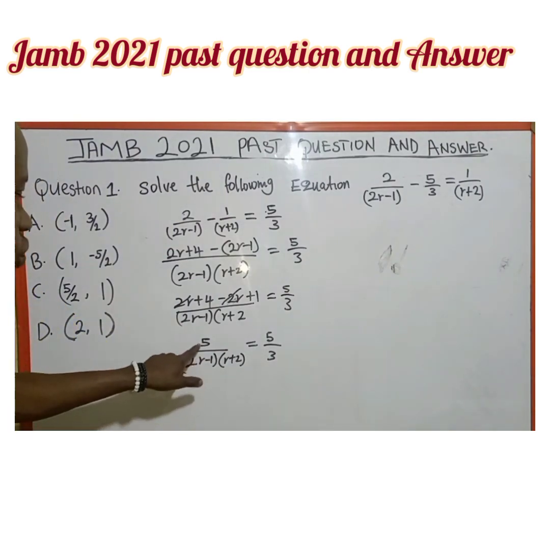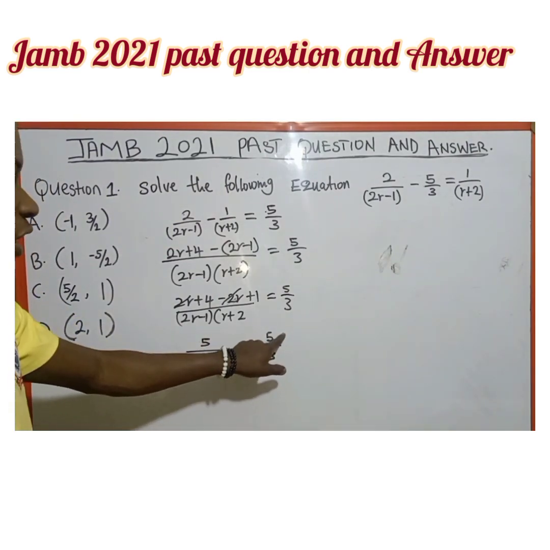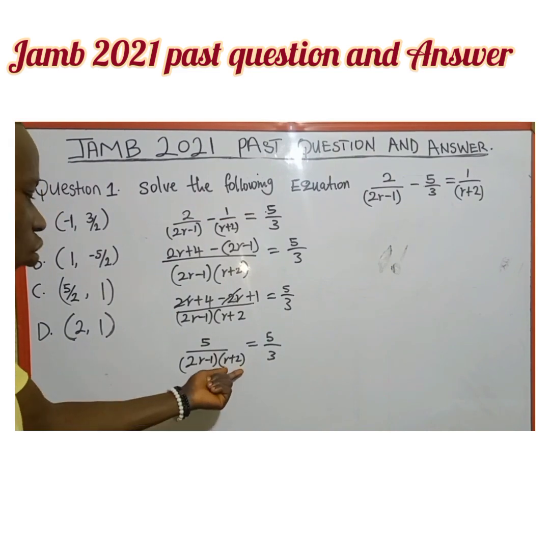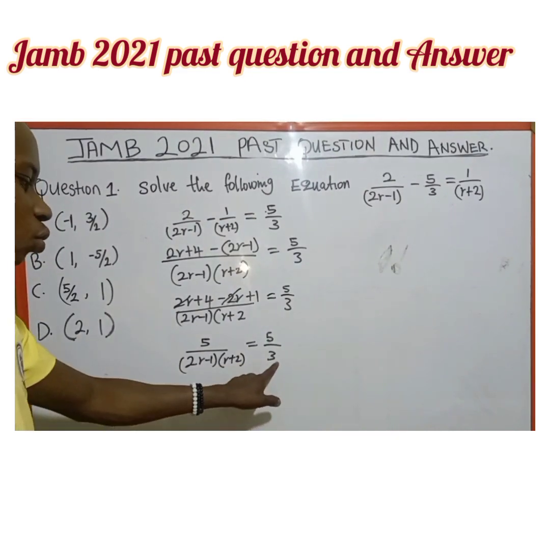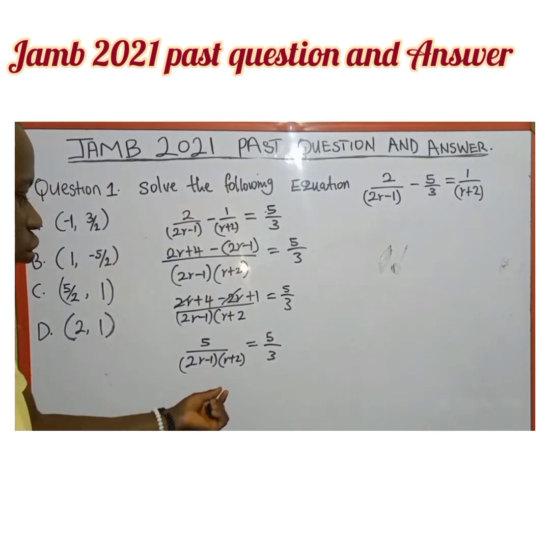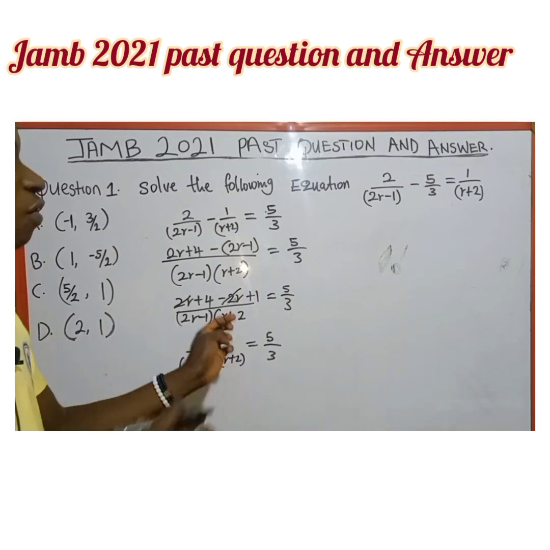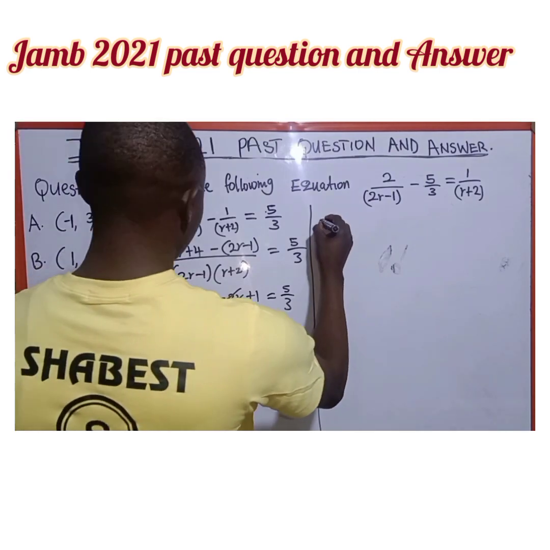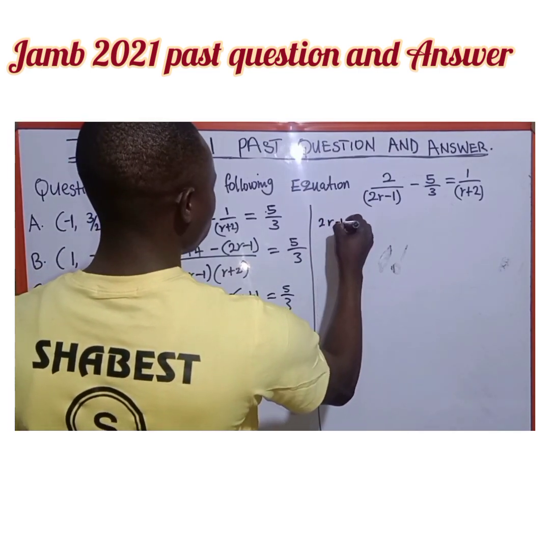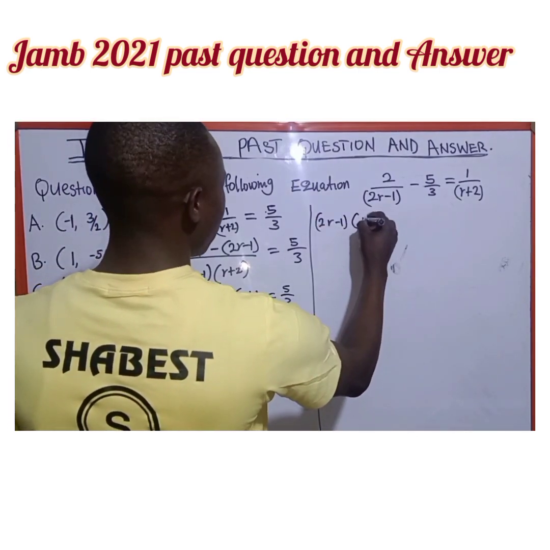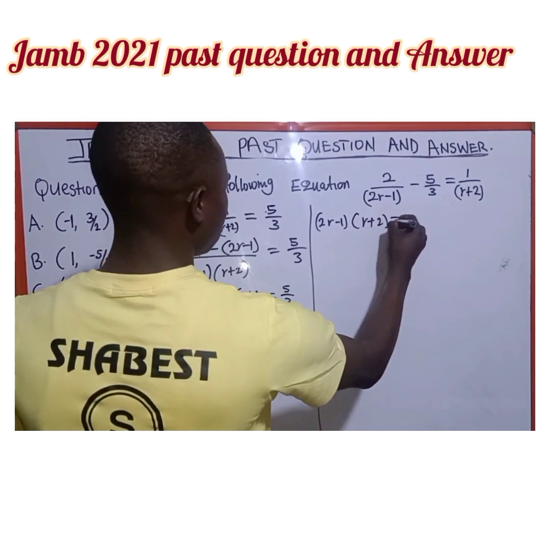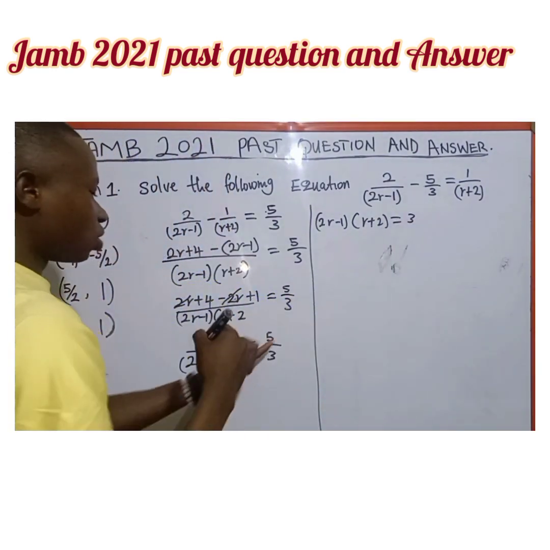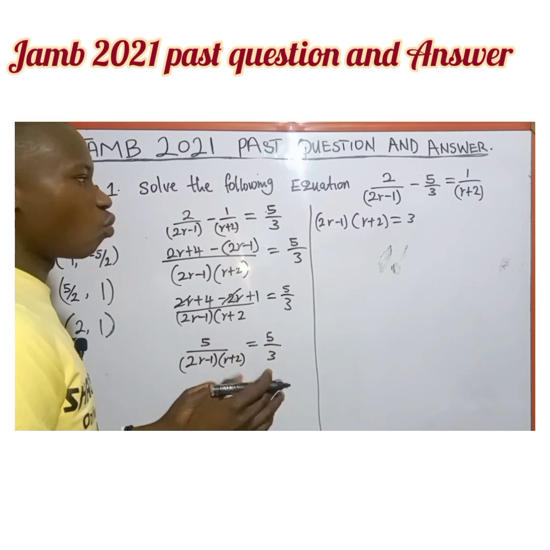If you look at the numerator, this 5 is equal to this 5, which means that the whole of this must be equal to 3. So we are going to equate this to 3, then find the value of r. So we are going to have 2r minus 1 multiplied by r plus 2 equal to 3 from the denominator, since the numerators are equal.